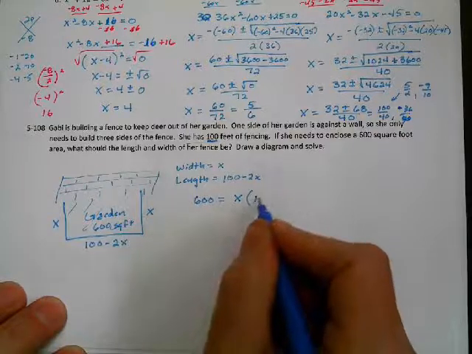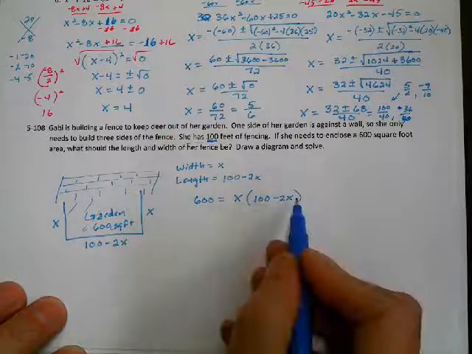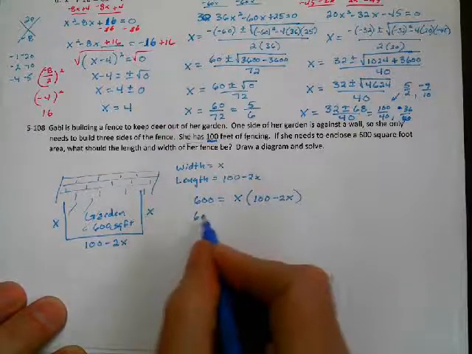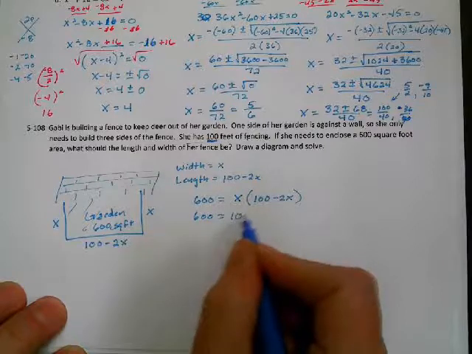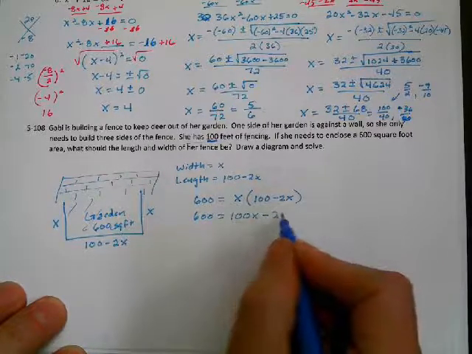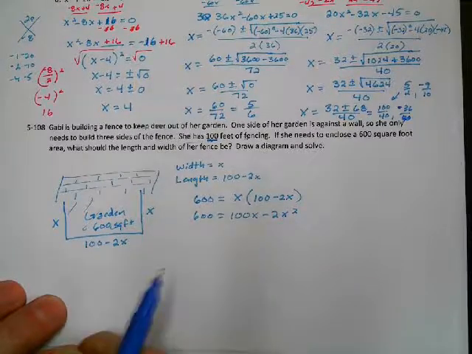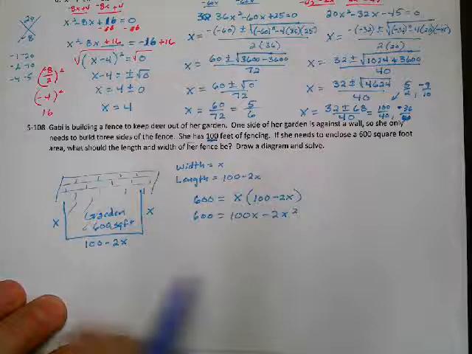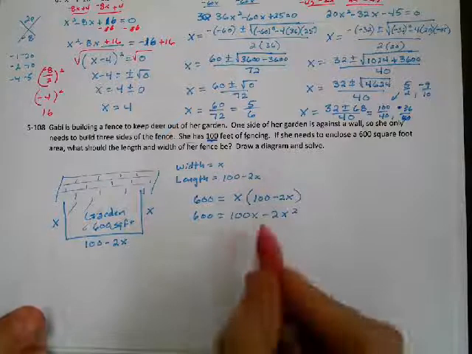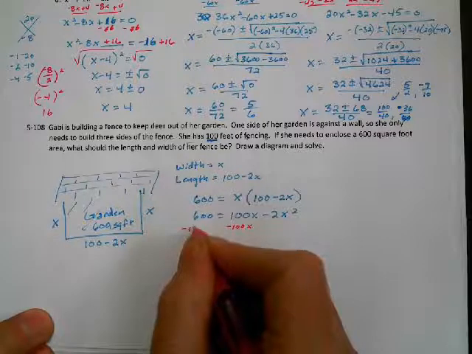All right, I'm going to go ahead and distribute this. 600 equals 100x minus 2x squared. I usually don't like having negative x squareds. So I'm going to move everything this direction. I'm going to subtract 100x from both sides. I'm going to add 2x squared to both sides.